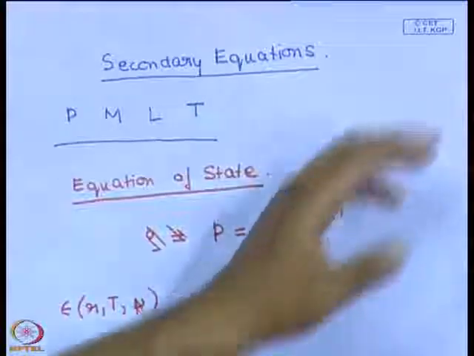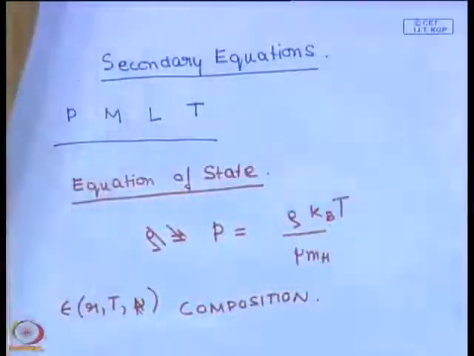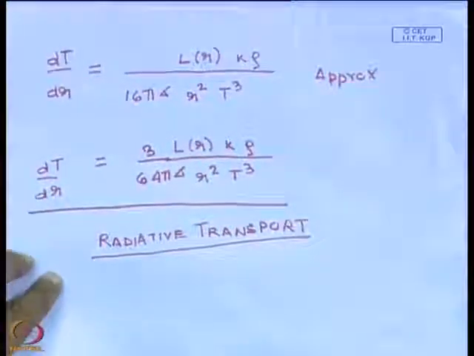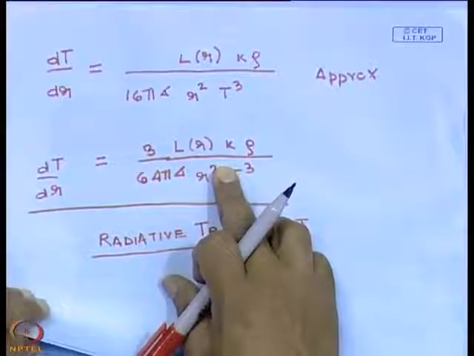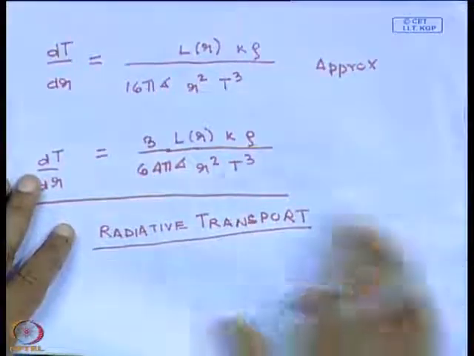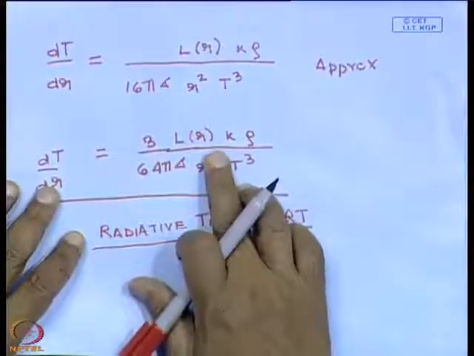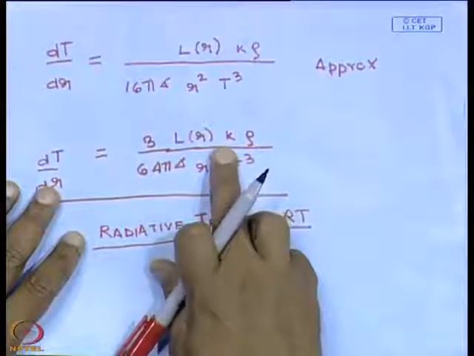Okay, let us look at the next equation. The next equation is the temperature gradient. So, if you have radiative transport, then you also need to know the opacity, that is the absorption, how much radiation, what is the absorption cross section, or the absorption coefficient per unit volume, unit mass, that is the opacity, kappa.